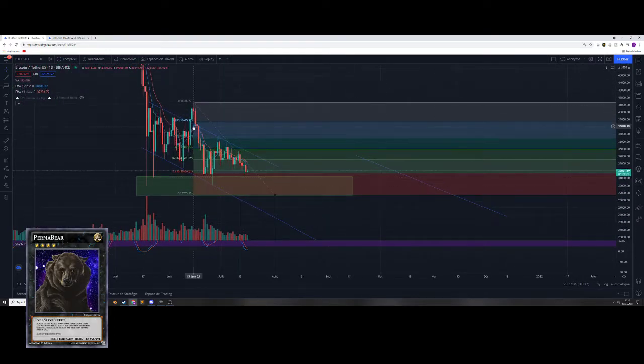But overall, on the last short that happened at 41K, we can see that we are trading right between the 61 level and the 23. We have seen a lot of bounces in those levels, but generally it has been rejected and is now trying to retest the lower levels.